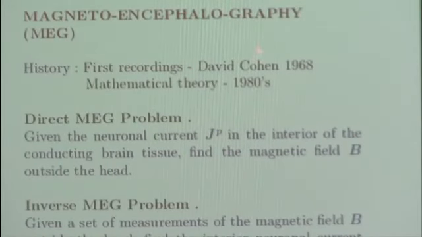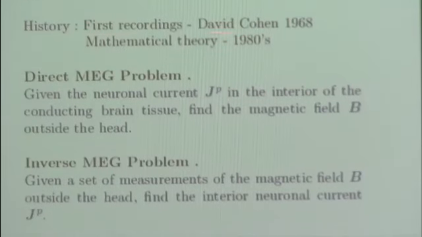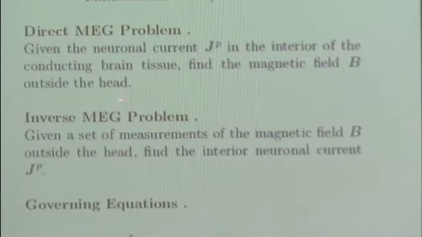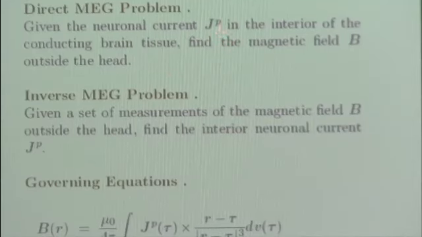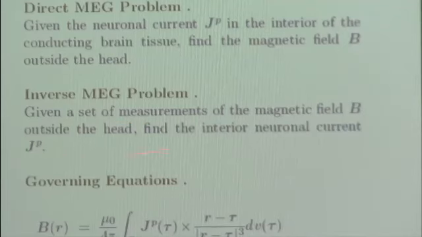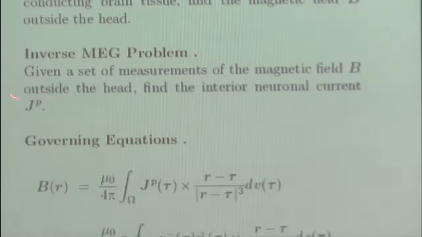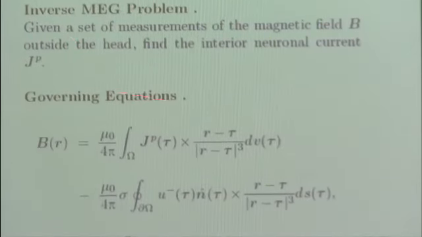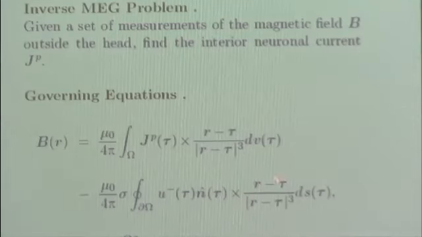Okay, again, MEG in parallel. MEG started with the recordings of David Cohen with the first model of SQUID in 1968, and it became a mathematical theory in the 80s. Again, given the current, find the magnetic field outside, or, measuring the magnetic field outside, find the current. The governing equation is this Dassios equation.